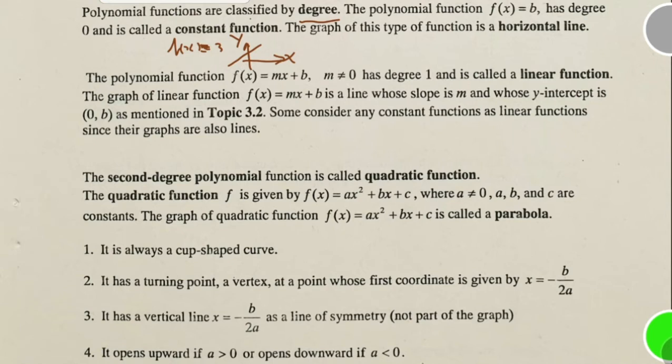So recall, the graph of a linear function f of x is equal to mx plus b, or y is equal to mx plus b, is a straight line with slope m and y-intercept b. Therefore the line passes through (0, b).